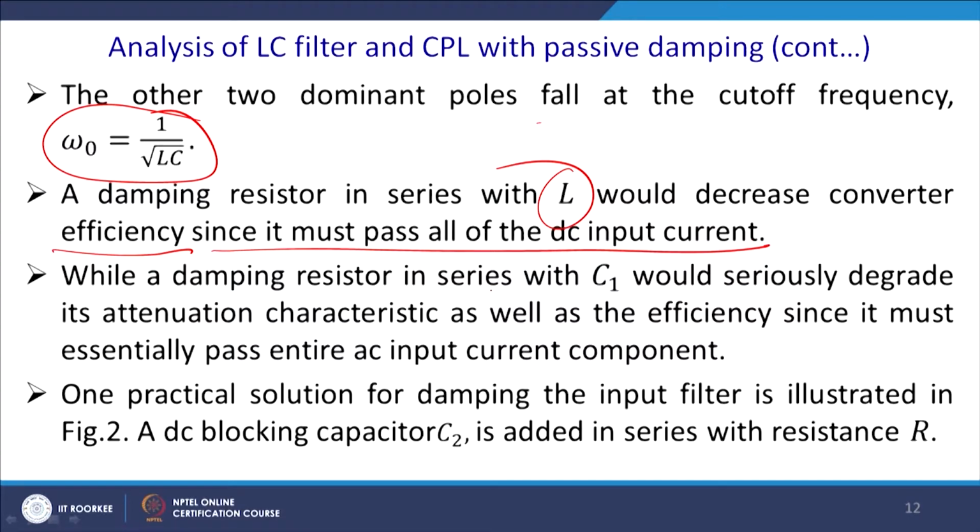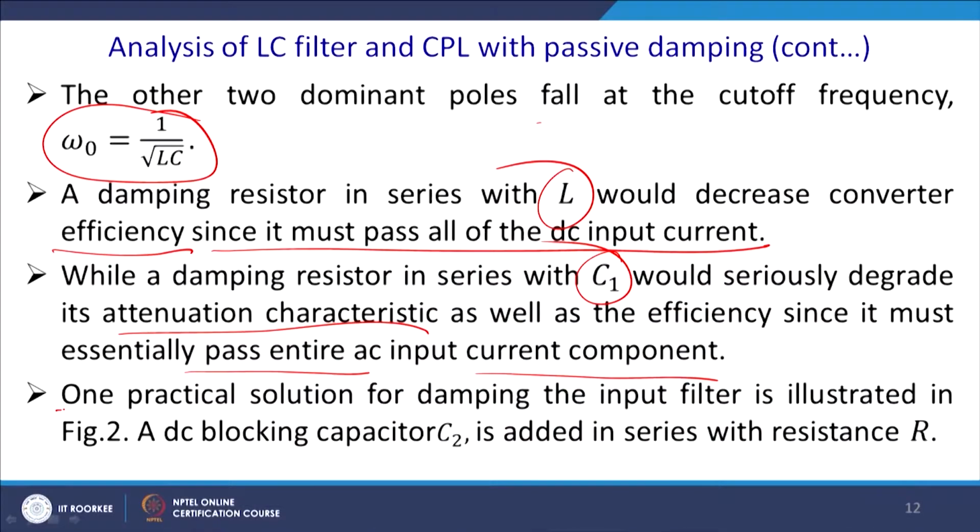While damping resistors in series with C1 will seriously degrade the attenuation characteristics as well as the efficiency, since it must essentially pass the entire AC current to the component. So, ultimately the filtering effect and THD will be a catastrophe if you add a resistance with C1.